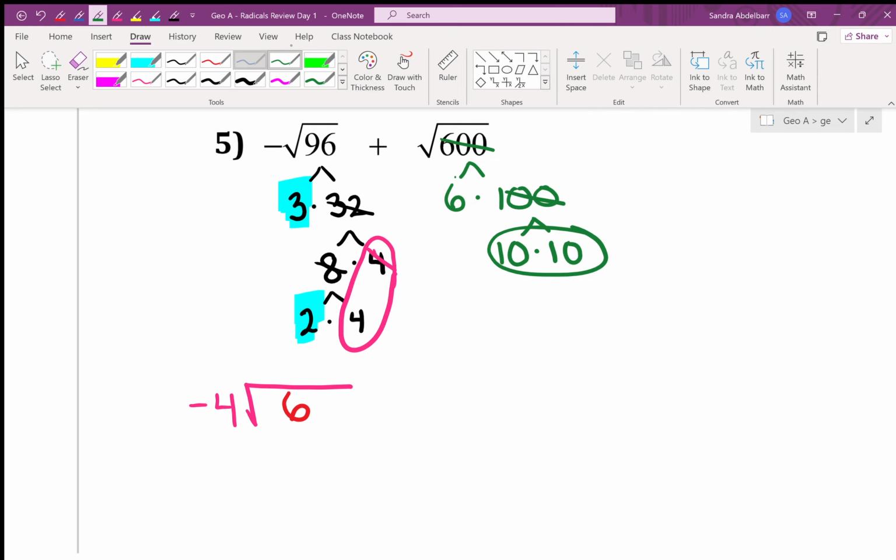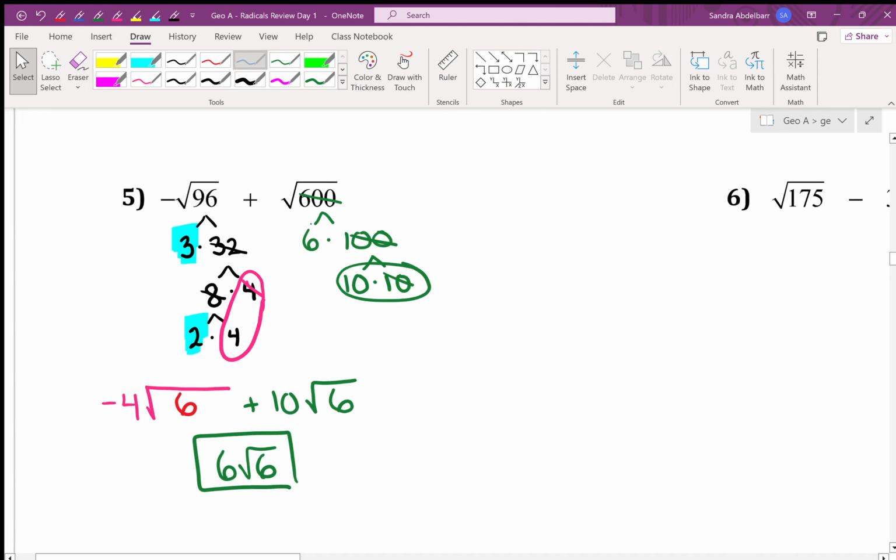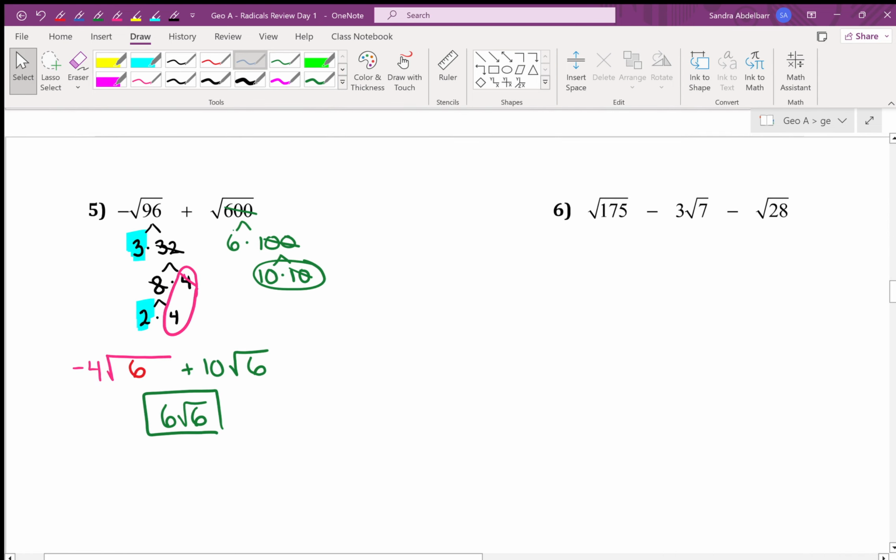So now I'm going to bring a 10 to the outside. Is there any point in breaking down the 6? No, because I can't make any more pairs. So then this is going to be 10 on the outside and then a 6 on the inside. Can I add -4 root 6 plus 10 root 6 together? Absolutely. And we get 6 root 6. I want you all to try number 6 now on your own. And then we'll move on to multiplication.